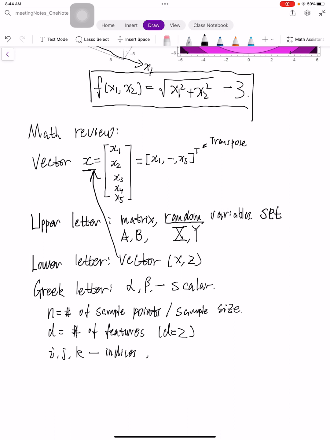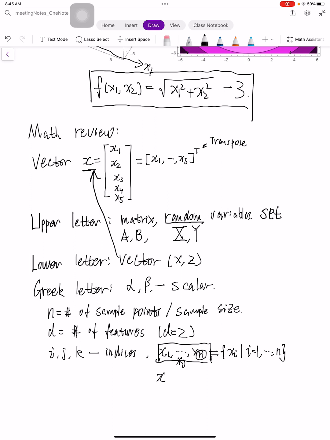For example, we have the sample size n, so usually we denote x1 to xn, and we can use xi to be any of them. Instead of using this long notation, we can just say our sample is a set xi such that i is from 1 to n. So in all cases we use i to denote the subindex, which means the sample index.